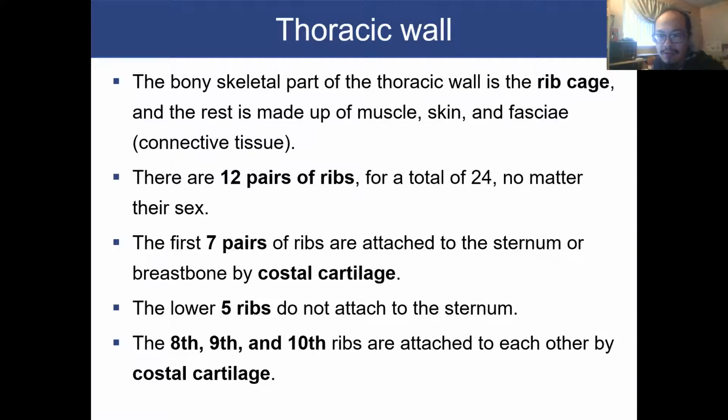The remaining 2, number 11 and 12, do not form the closure to the front. They only connect in the back. So because we have 12 pair of ribs, we have the 12 thoracic vertebra.